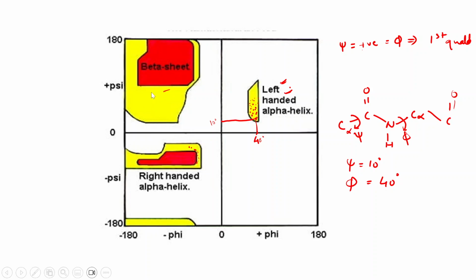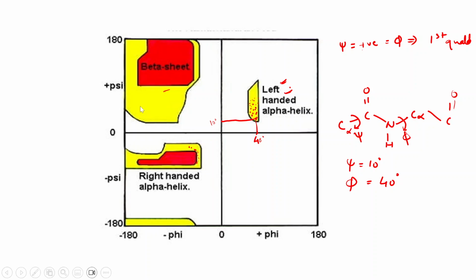The yellow region is basically somewhat possible. The red region is showing the confidence level of the graph. If the angles are lying in the red region, they are definitely going to be beta sheet.